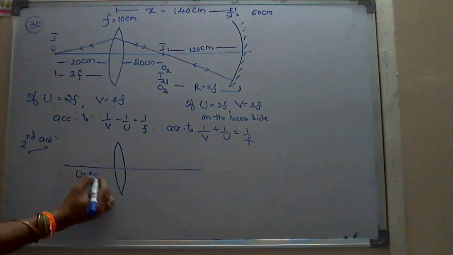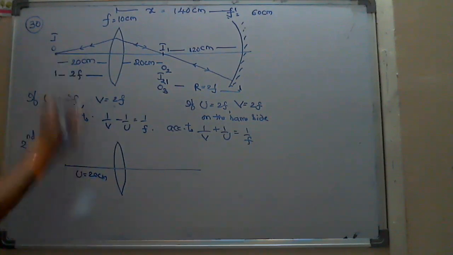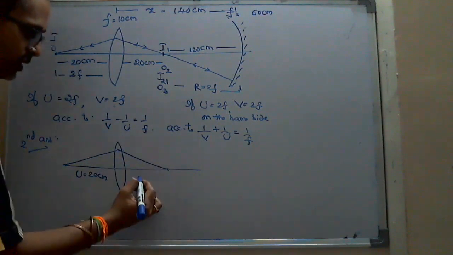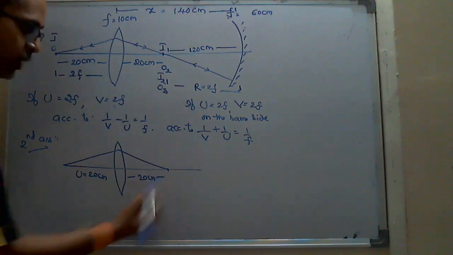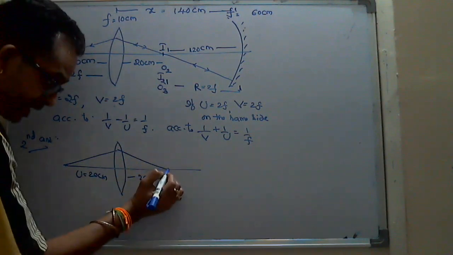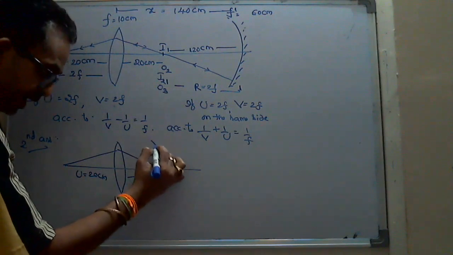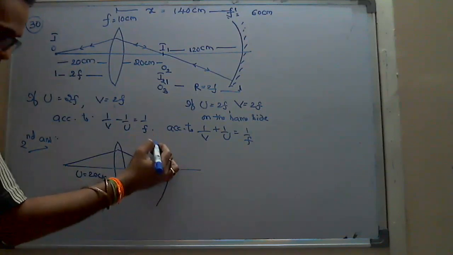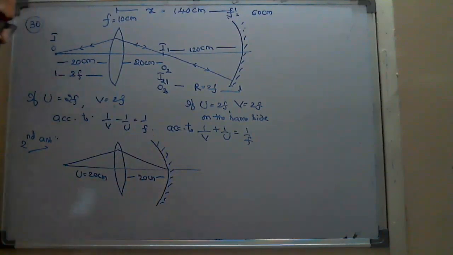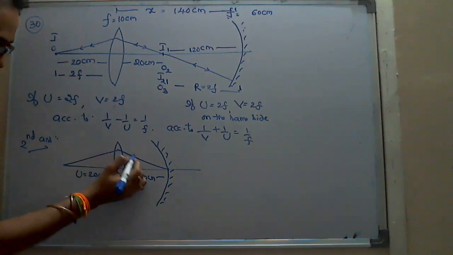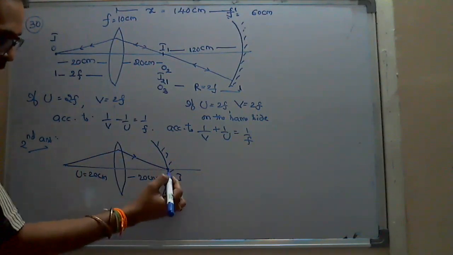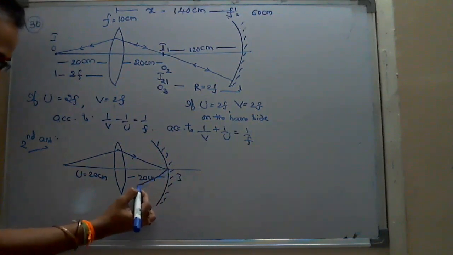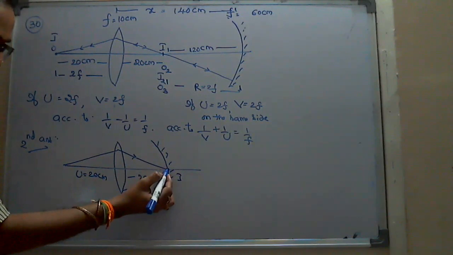Here u is equal to 20 centimeters. Already I explained it, so the image will be formed at a distance of exactly 20 centimeters on the other side. And at the position of the image, if you place the pole of the concave mirror, exactly where the image is formed, then the light ray will reflect back. Here u is equal to 0.